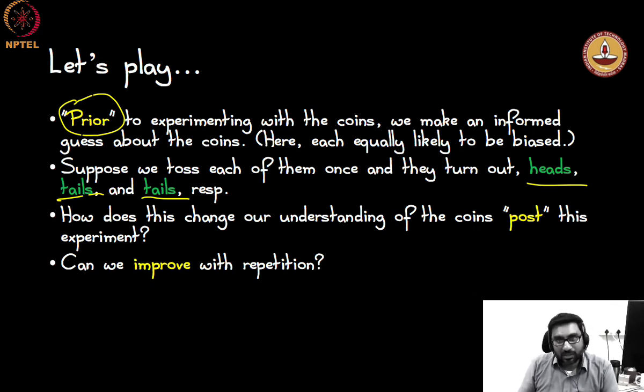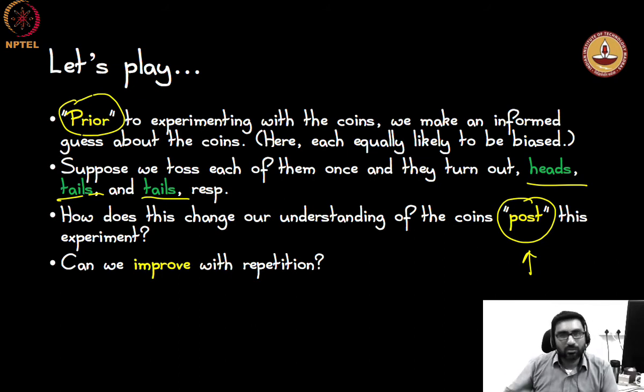It will not be a deterministic inference, but a probabilistic inference. Because it is an inference that we make after the experiment has been conducted, it's called the posterior understanding, or the posterior model. So before the experiment we had a prior model, and after the experiment we get a posterior model. But this is only based on one experiment, so maybe we could try to improve upon this posterior understanding.